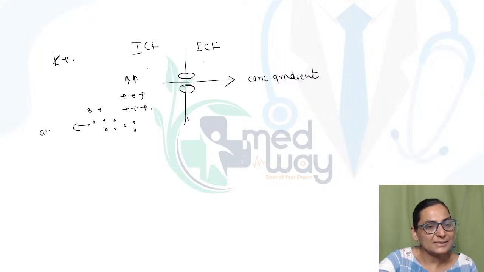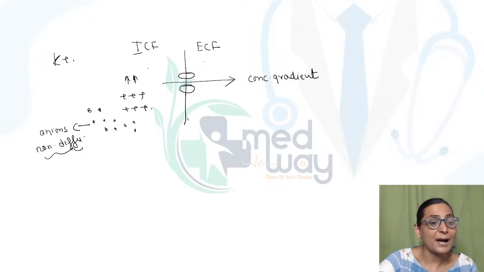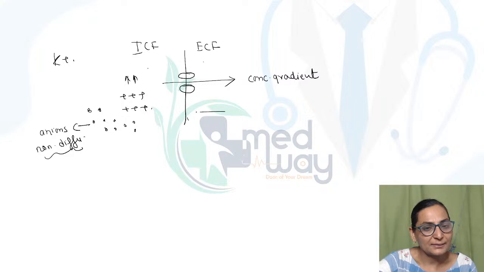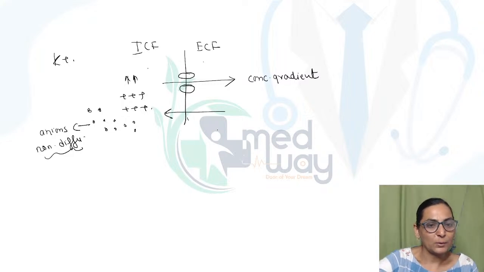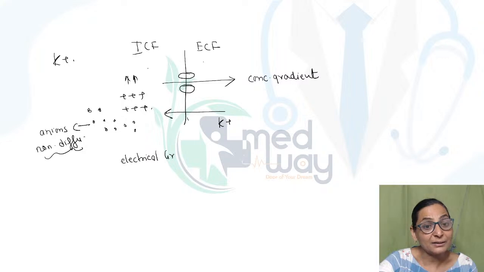Because we know that inside are anions which are non-diffusible, which cannot go outside. And since the positive ions have gone outside, what has happened inside? Negativity. Now the potassium which went outside will now come inside. The potassium that went outside because of the concentration gradient will now come inside towards the ICF. This is called the movement of the potassium ions due to electrical gradient.